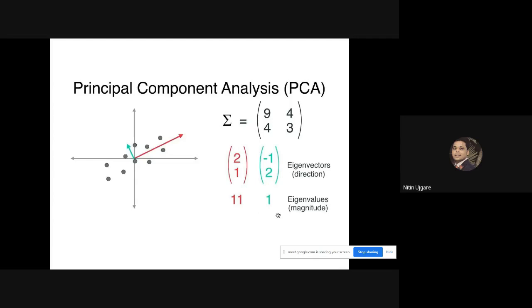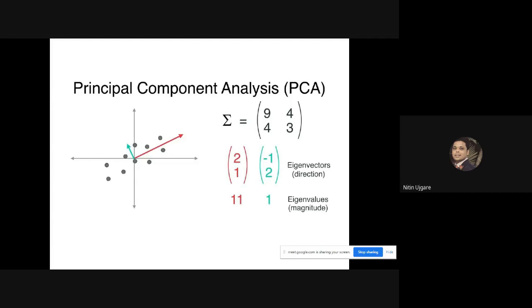Now the question may arise: which eigenvector and which eigenvalues are we going to use to generate our principal components? The mathematics of algebra, or the principal component analysis, says that the eigenvector with the highest eigenvalue should be considered to construct the principal component analysis.